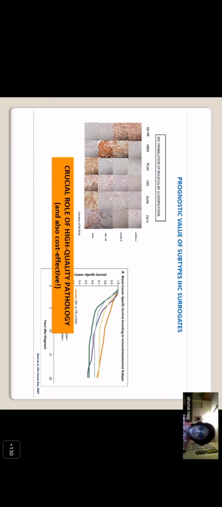On the y-axis in the first cartoon you can see luminal A, B, HER2 enriched, and basal. With good immunohistochemistry, you can definitely tell these different molecular subtypes. So high quality pathology is crucial and cost effective, and you can get the same information as to the prognosis by doing IHC.